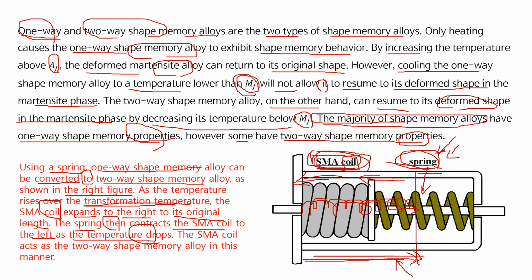Okay, so in this way, this one-way shape memory alloy can be used as a two-way shape memory alloy. So the shape memory coil acts as a two-way shape memory alloy in this manner. So using the spring, we can make the one-way shape memory alloy into a two-way shape memory alloy.